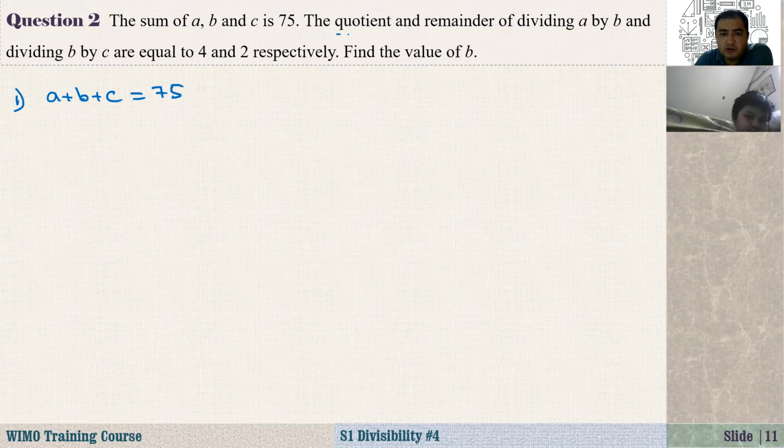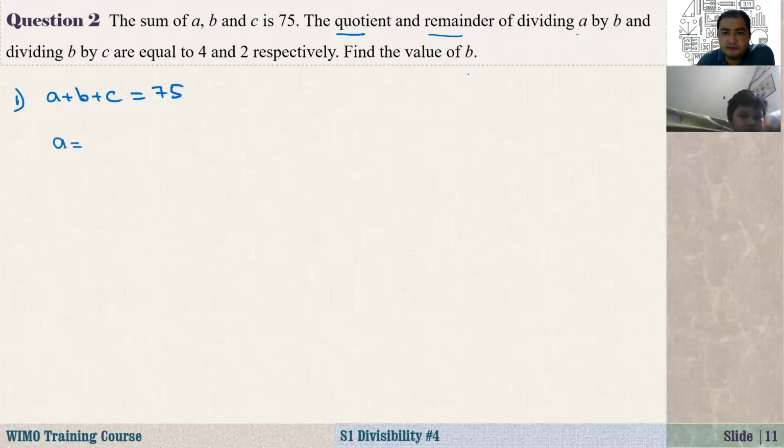And it says that the quotient and remainder of dividing A by B and dividing B by C are equal to 4 and 2 respectively. It means that if you divide A by B, the quotient is 4, remainder is 2.